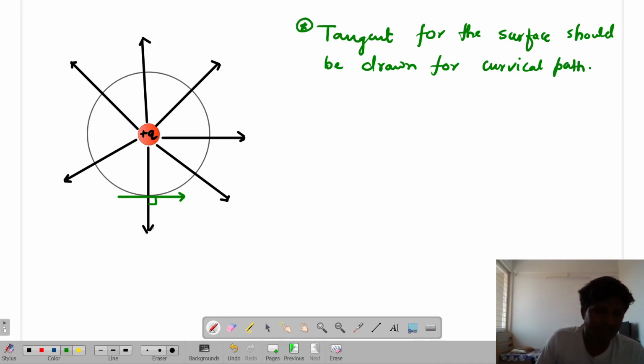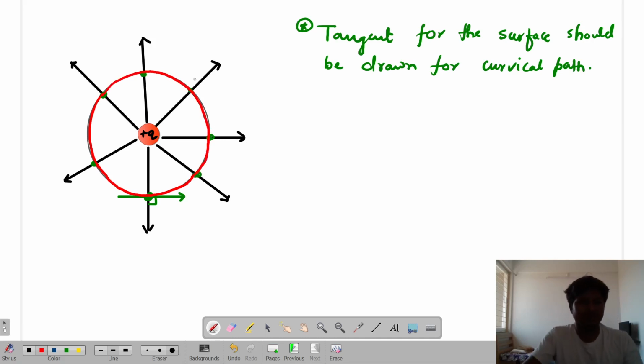So look over here, when the electric field lines are perpendicular to this tangent, at every point the electric field line is perpendicular to the tangent or not. So this whole big circle which we have got, can we term it as equipotential? As the electric field lines are perpendicular to these tangents at each and every point of this circle, and these tangents after combining form a perfect circle over here, all these points which we are considering will have the same potential.